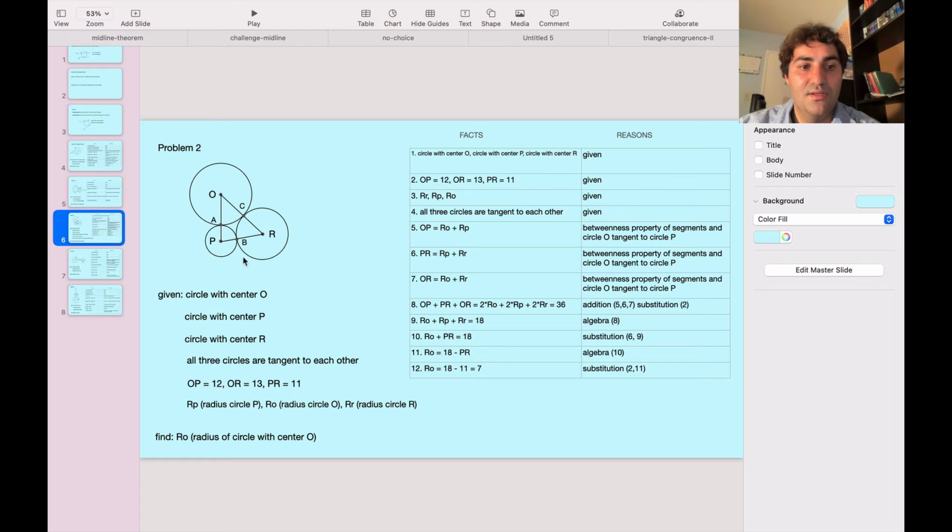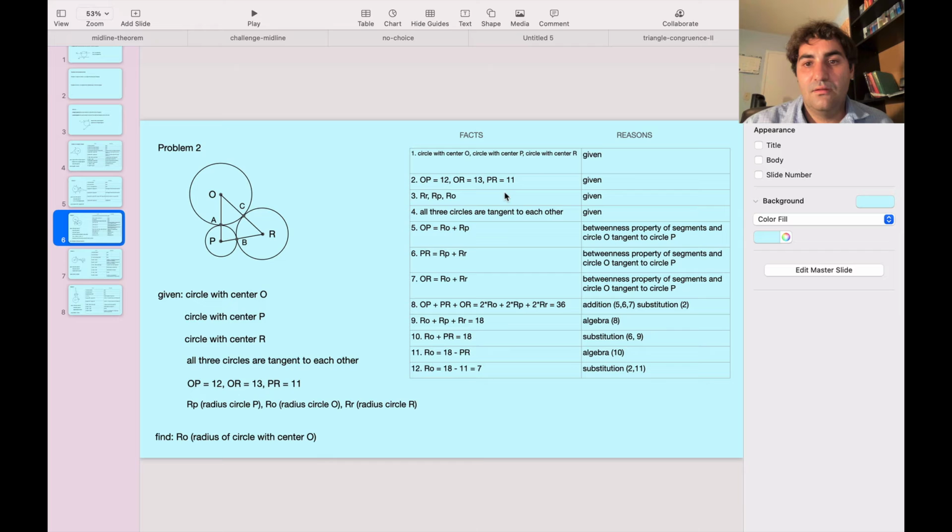We're given the length of OP equals 12, the length of OR equals 13, and the length of PR is equal to 11. RP is the radius of circle P, RO is the radius of circle O, and RR is the radius of circle R. We want to find RO, meaning the value of the radius.